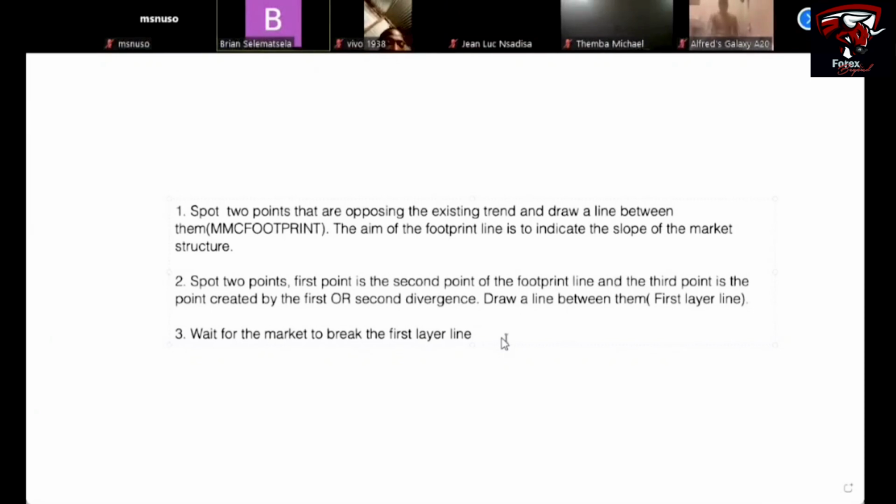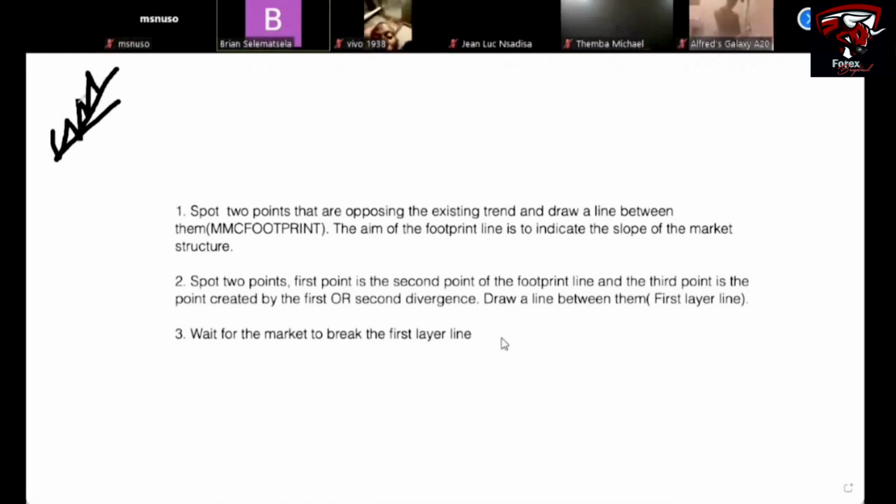After you wait, like I've indicated, you draw your line here, you draw your line here, after you wait for it to come and break here.